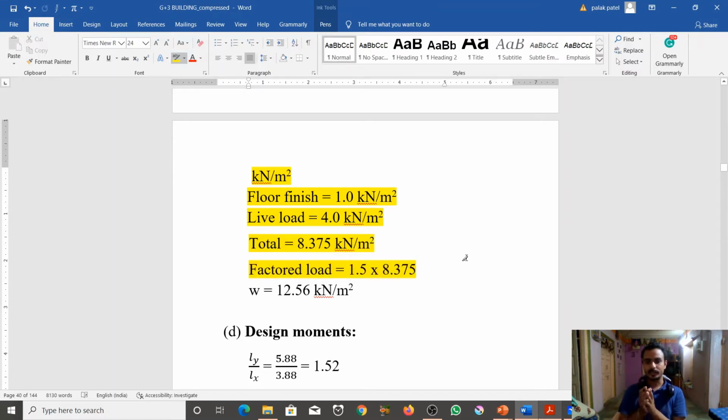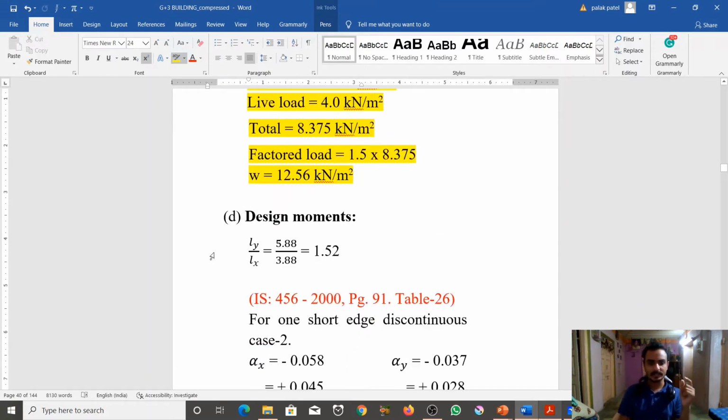Multiply by 1.5, the load factor: 1.5 into 8.375. The total factored load is 12.56 kilonewton per meter square.